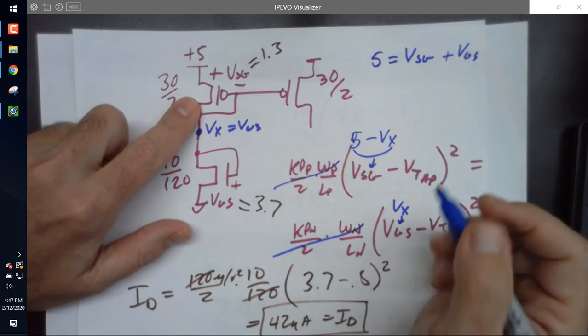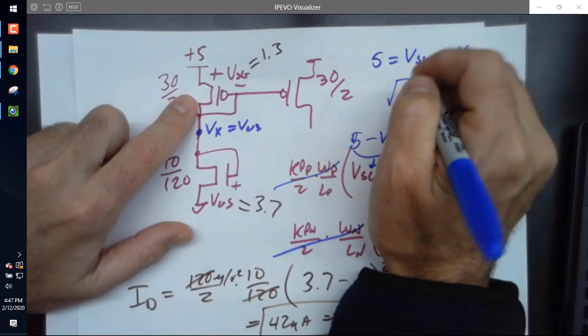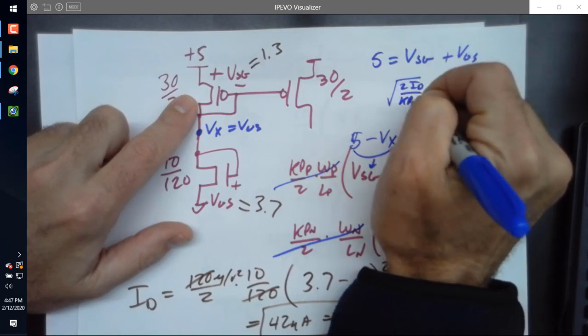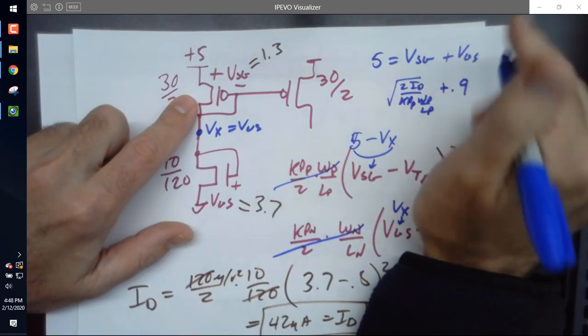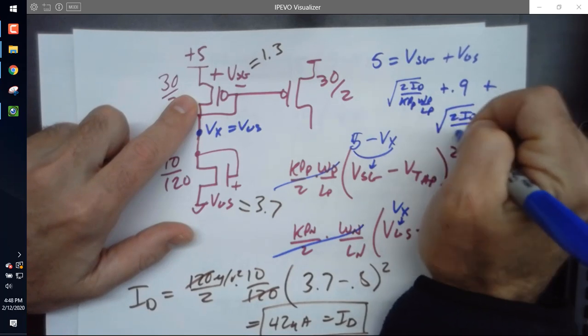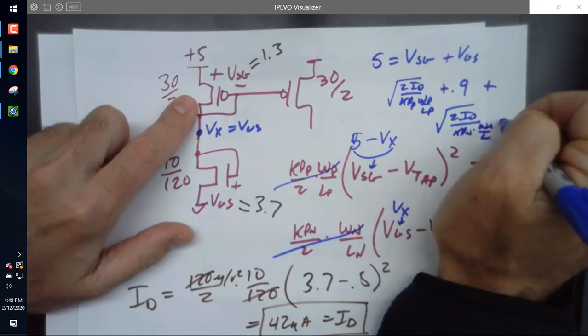And then VSG is the square root of 2ID over KP sub P WP LP plus 0.9. VGS is the square root of 2ID all over KP sub N times WN LN plus 0.8.